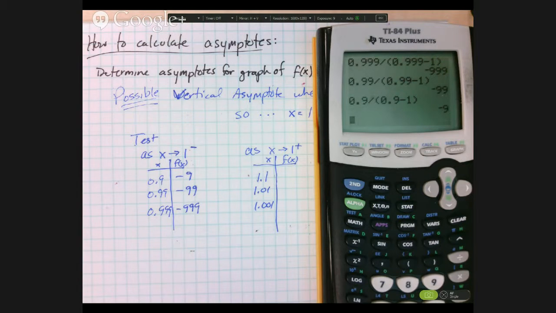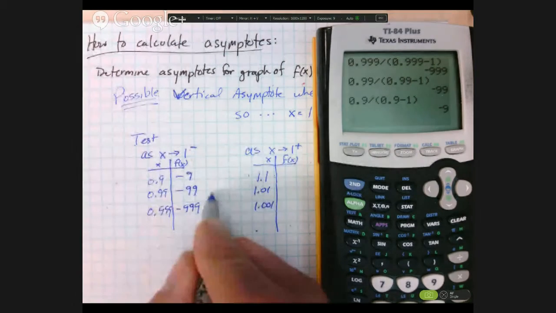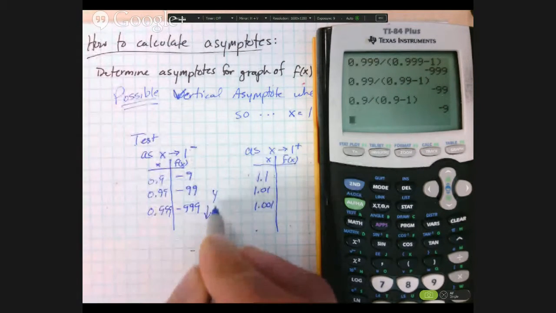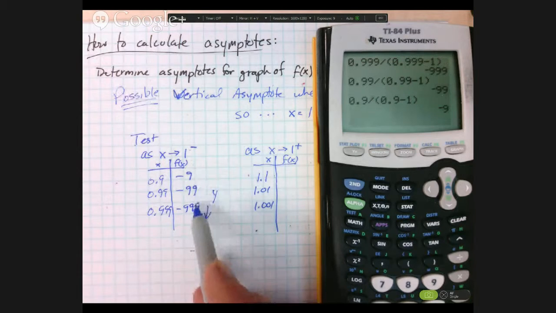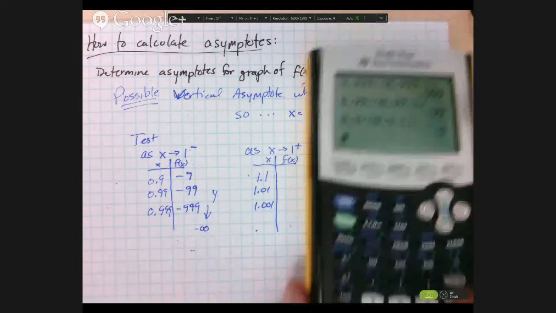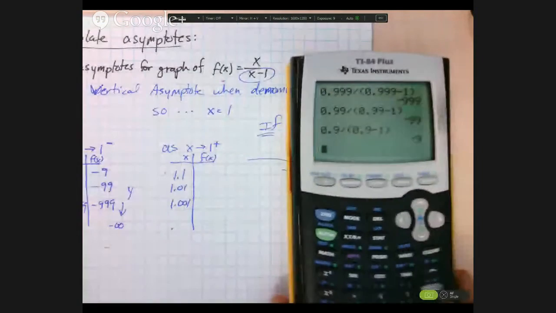Okay. From the left, what is y approaching? They're growing really fast. Okay. Now do it from the right.